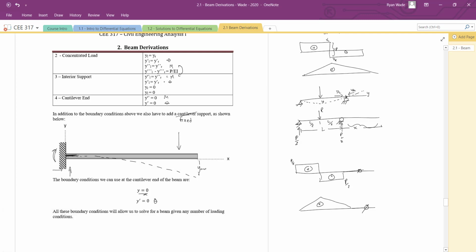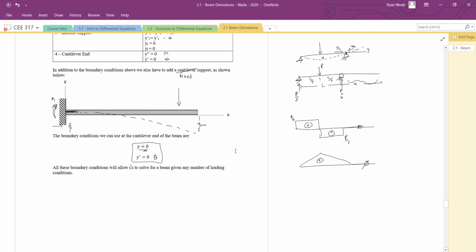So that moment there is going to make sure that there's no angle of twist there. And you just kind of need to understand that with the cantilever beams. So with those boundary conditions, we can basically use them to solve for a beam given any number of loading conditions.